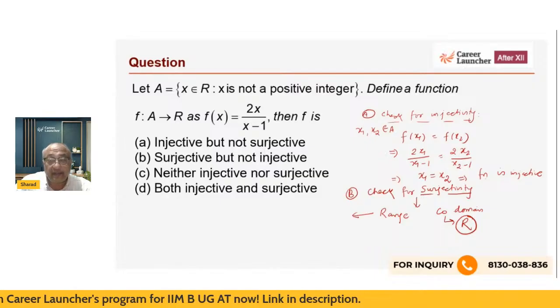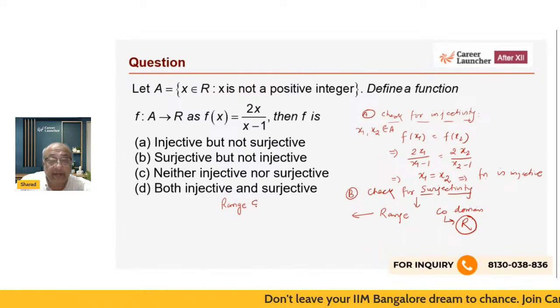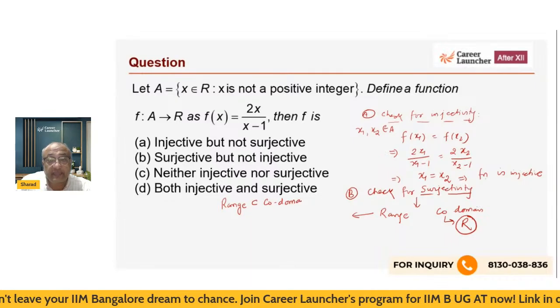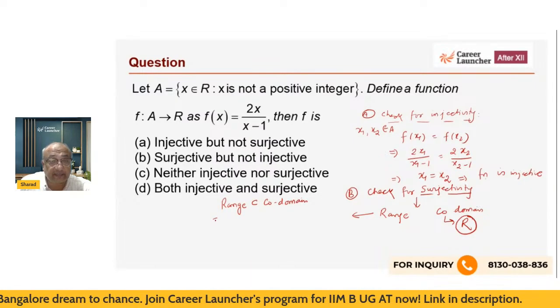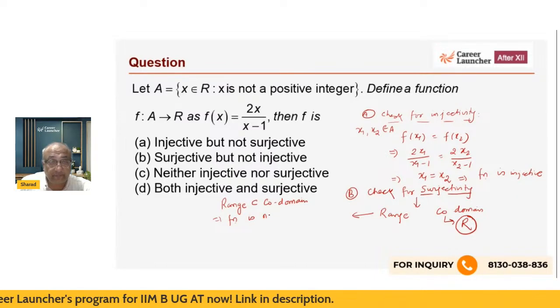What about the range? This is a part in which I'm just trying to help you revise. If the range is a subset of the codomain, we say the function is not surjective, या into function है.